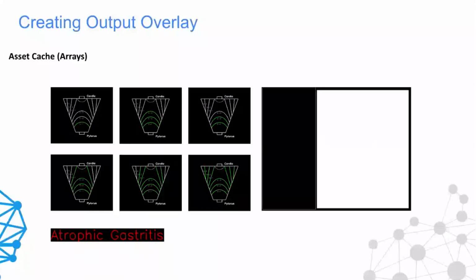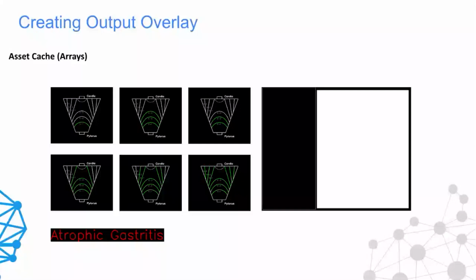For the example that we saw previously in the video, these are the states that we create for each and every object, and then we cache them so that we can just quickly replace them during runtime without any overhead of creating the overlay output.